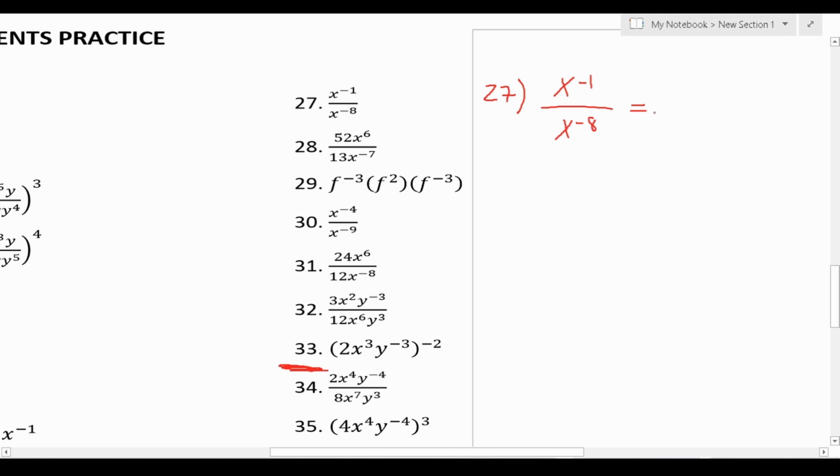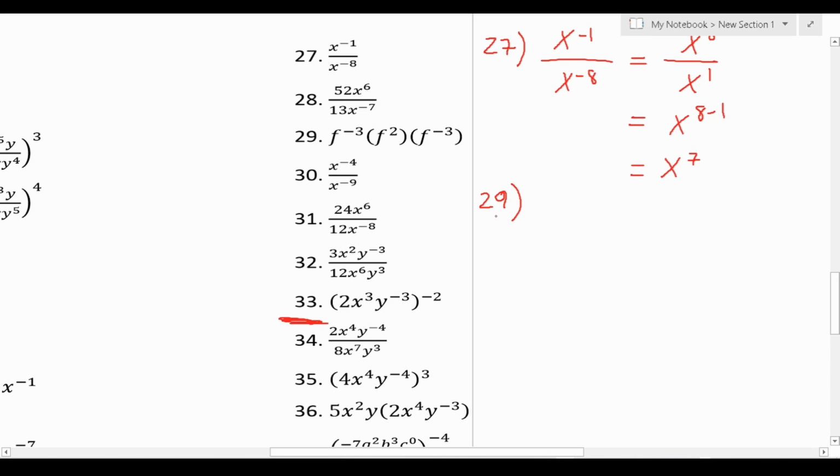So x to the negative 8, we can't leave that negative as an exponent, so we're going to have to shift it across this fraction bar, which is going to cause it to be x to the 8th. And similarly, we can't leave negative 1 as the exponent over here, so we're going to have to shift it across the fraction bar to make it x to the 1. Now, as you can see, we can use the quotient rule to solve this one. More specifically, that's going to be x to the 8 minus 1, which is the same as x to the 7th.